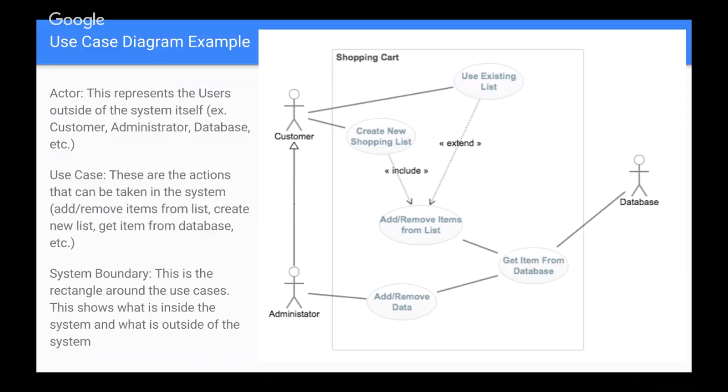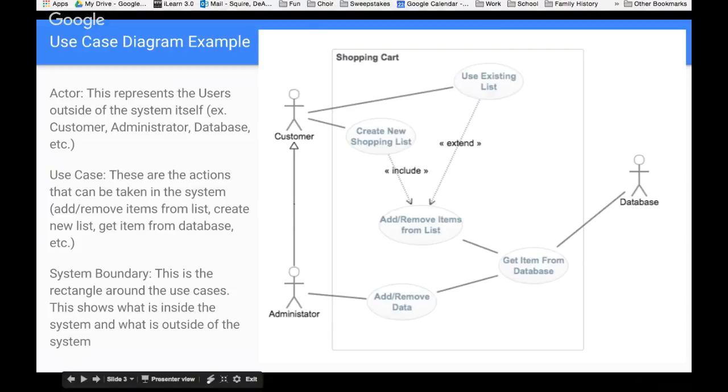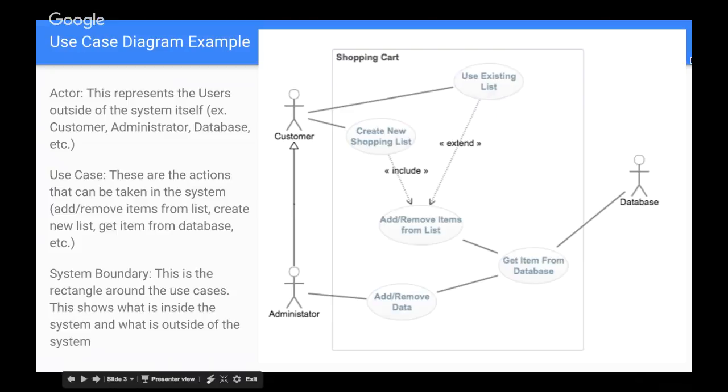Here on this slide is an example of a diagram where we show a system where the customer can create or edit a shopping list with items from a database that is maintained by an administrator. In this diagram, the users or outside sources are called actors, these little people here. They interact with the system but are not a part of it.